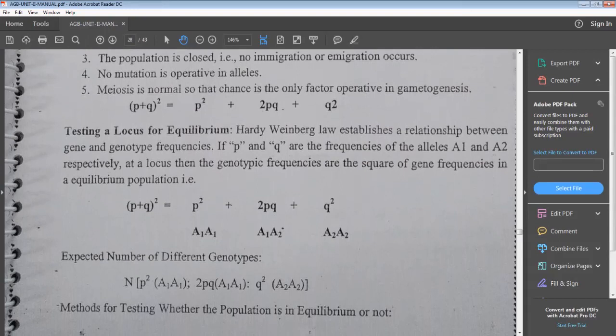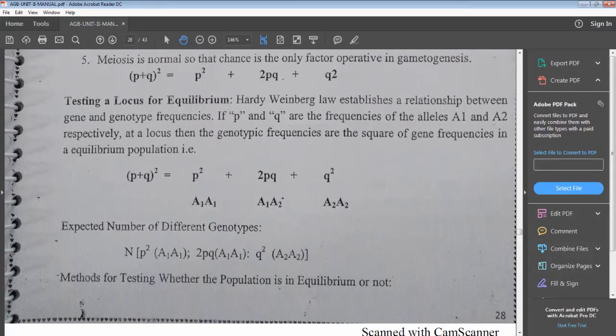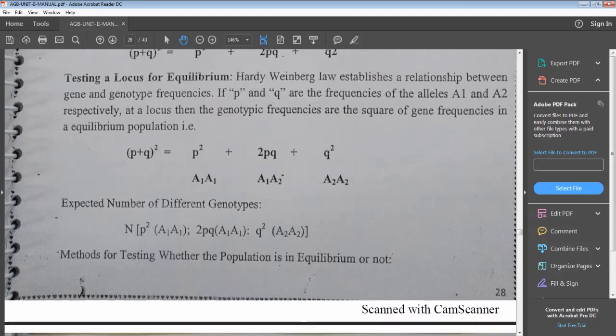If P and Q are the frequencies of alleles A1 and A2 respectively at the locus, then the genotypic frequencies are the square of the gene frequencies in the equilibrium population, that is (P plus Q) squared is equal to P square plus Q square plus 2PQ, where these are the genotypes for that particular value. This is very simple.